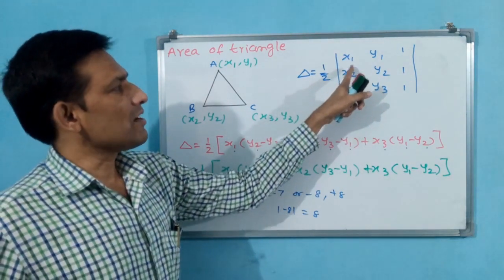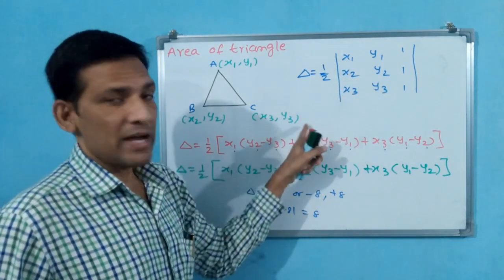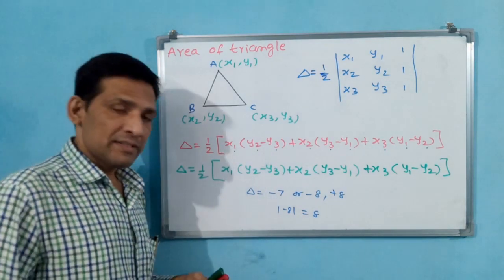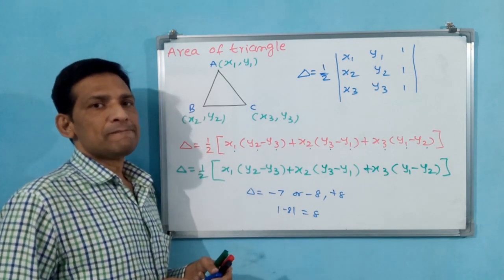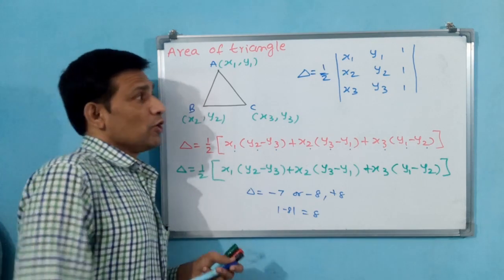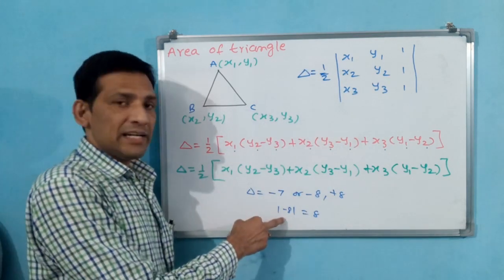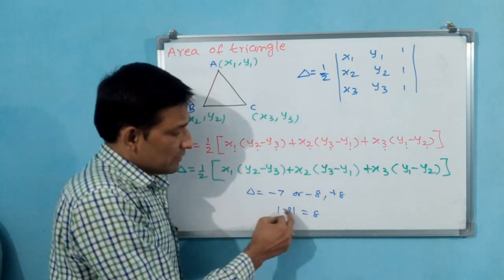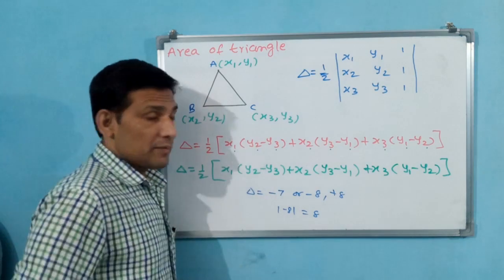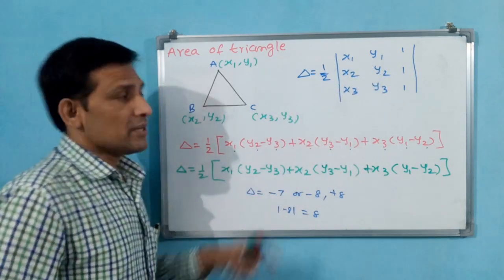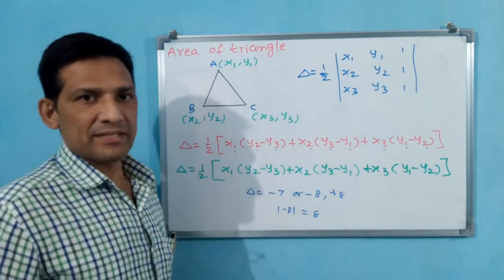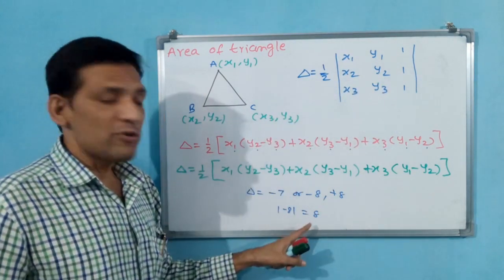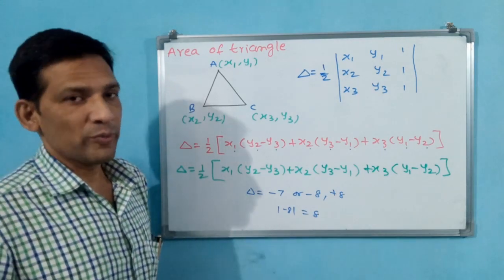But they will ask for one constant, say x2 they don't give, x2 they ask, or y2 they ask, or y3 they ask. Then how to do? Will only one value come? No. Because at that time you do all the calculation, finally this delta they have given, but inside you have to take that may be minus 8 or plus 8. That means this value depends on delta minus and delta plus. Two values will come if you want the inside value, but the outside final value is always positive. That you keep in your mind.